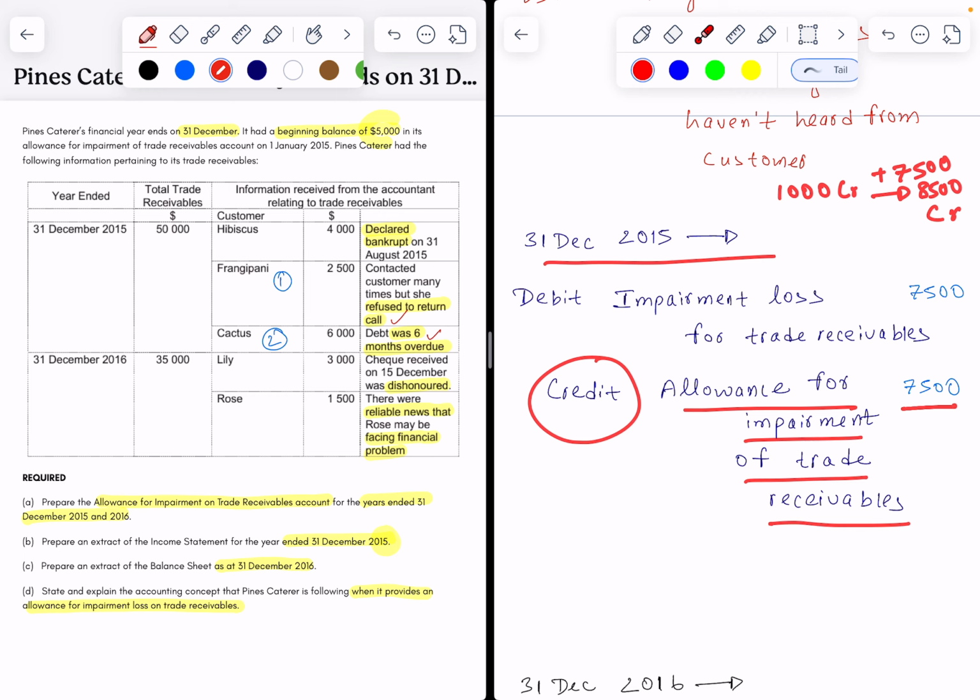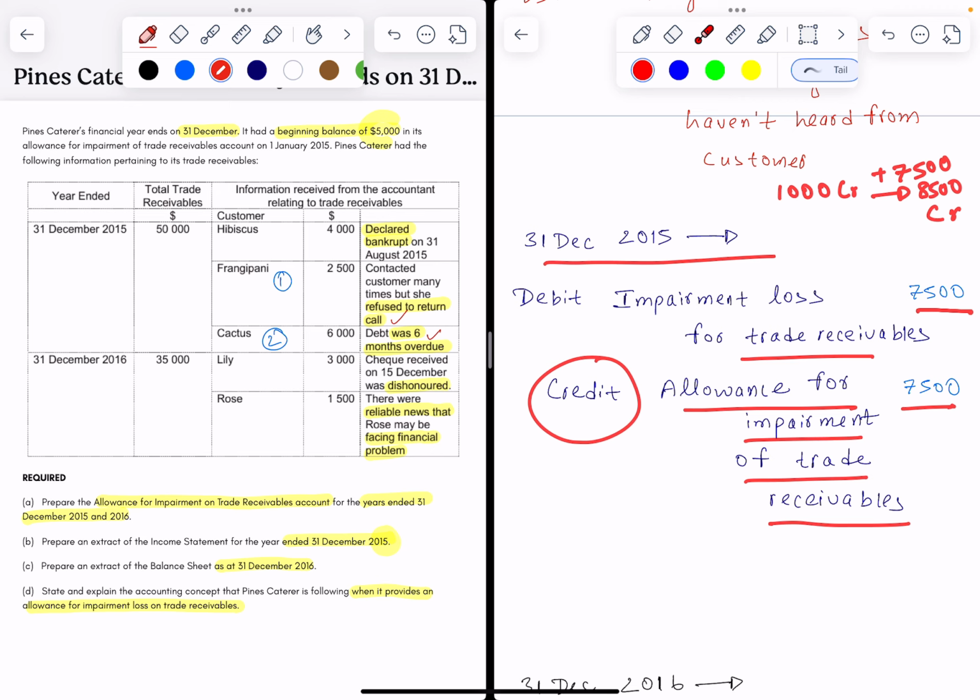At the same time, our expense is going up in value, because the allowance is going up, which causes an increase in uncertainty and therefore an increase in expenses, which we will report in the income statement. By default, all expenses are debit in nature, which means when they increase we debit, therefore we are debiting the impairment loss for trade receivables by $7,500.